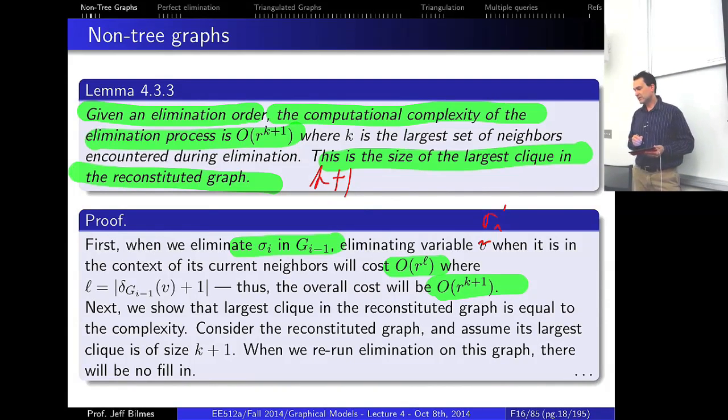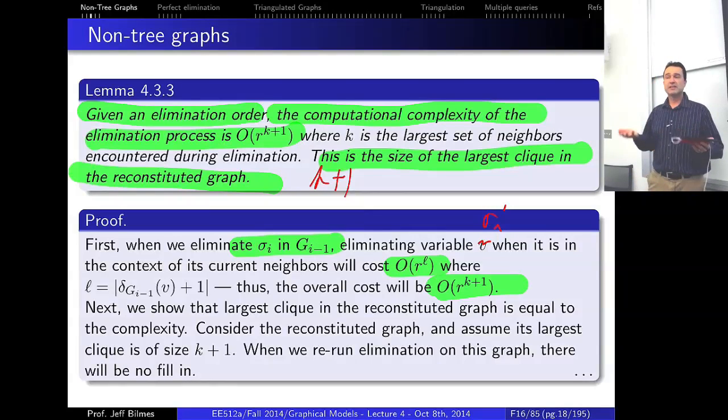Now the next thing we need to show is that the largest clique in the reconstituted graph is equal to the complexity. So let's look at this reconstituted graph, and let's assume that the largest clique size is k plus 1. When we rerun elimination on that graph, there's going to be no fill-in, right?